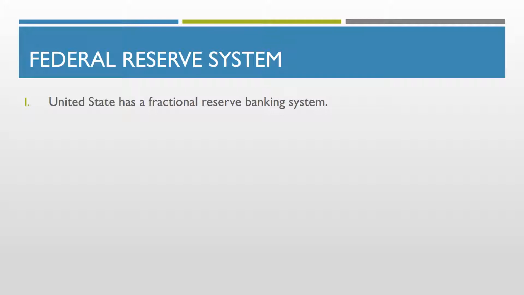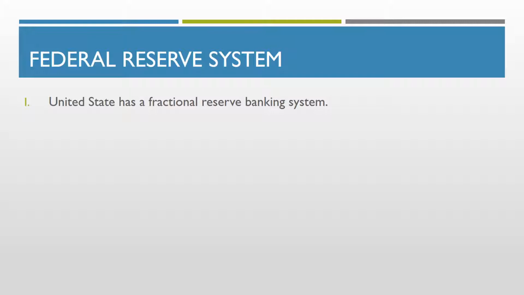So we have talked about the history of the Federal Reserve System and also the functions of this central bank and the regulations, how it stabilizes our banking system. But we also want to know the structure of this Federal Reserve System in the United States.